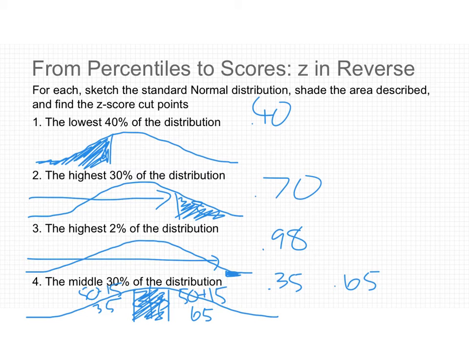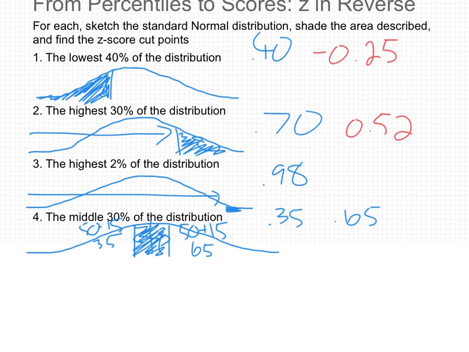Okay, and so for our first one, our z-score, we get negative 0.25. And then for our highest 30%, we get 0.52. And then for our next one, our highest 2%, we end up with 2.05.